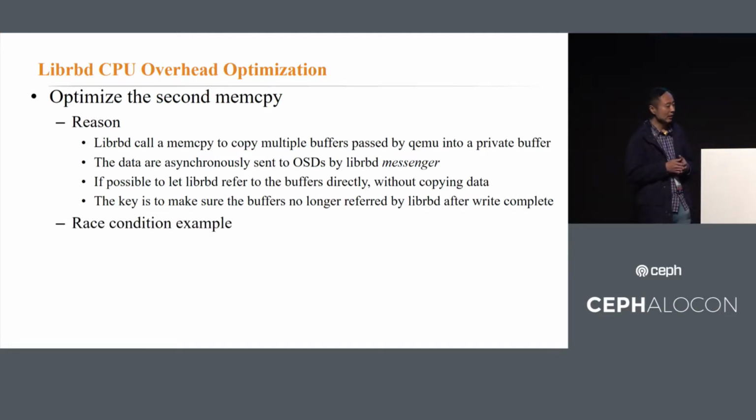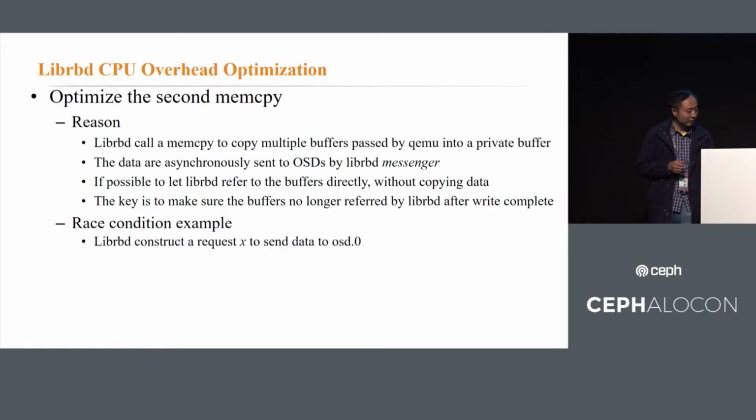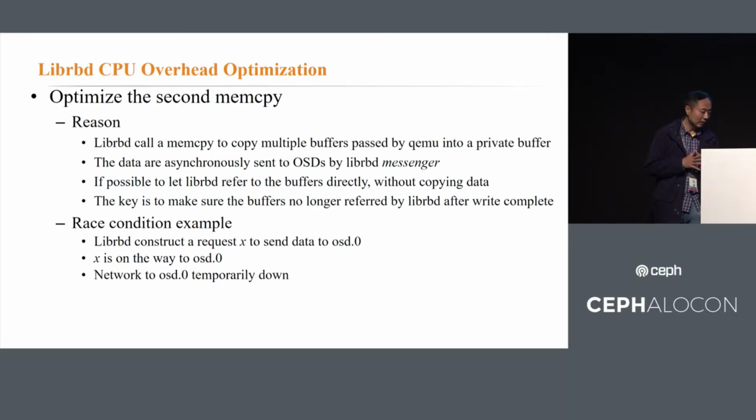So let's take a race condition example. Suppose librbd first constructs a request X to send data to OSD 0. X is on the way to OSD 0. At that time, the network to OSD 0 temporarily goes down.